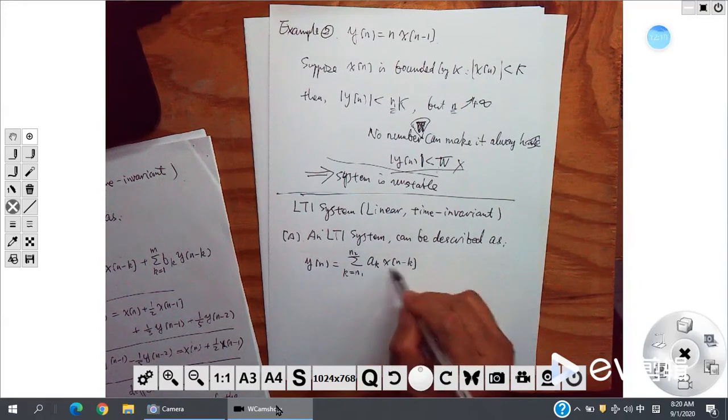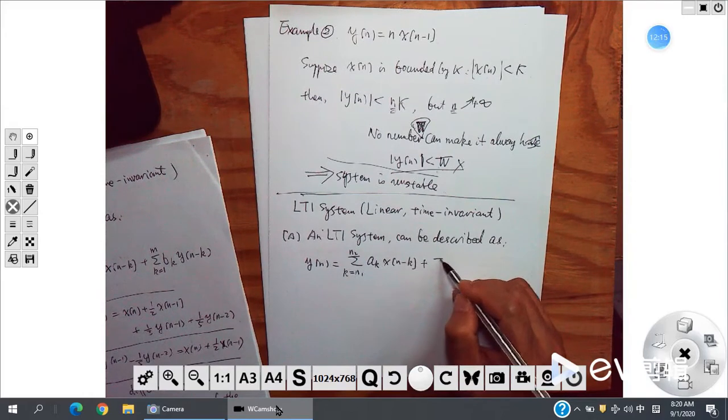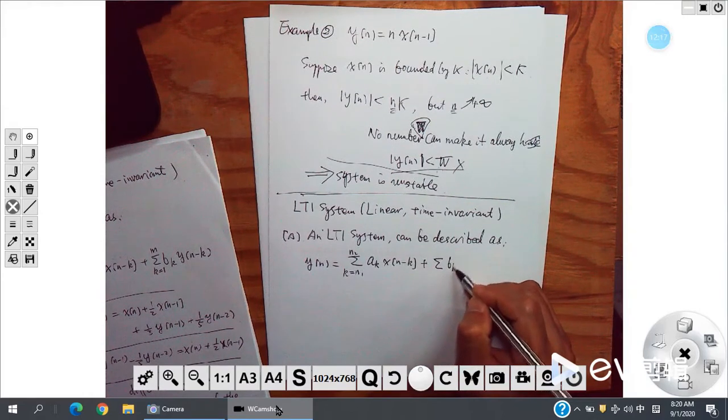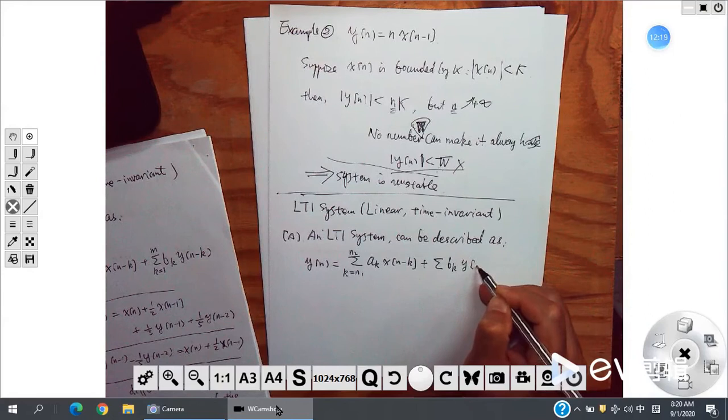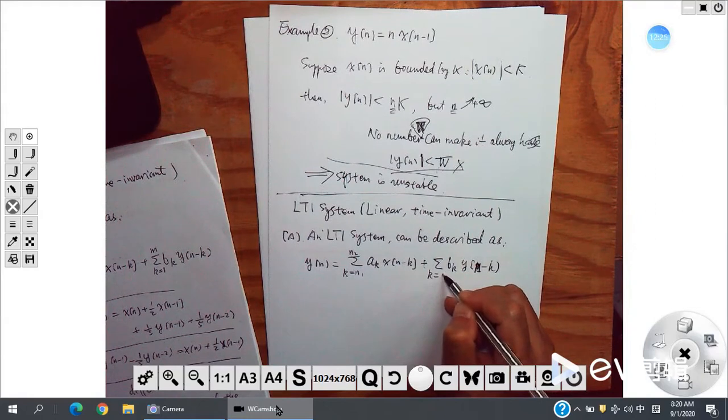Those are the shifted x terms. And also b_k times the shifted y, y of n minus k, where k runs from 1 to some m, so at least shifted by 1.